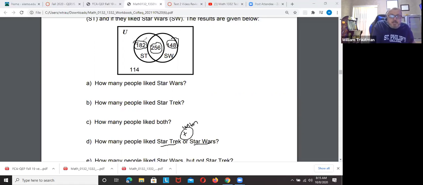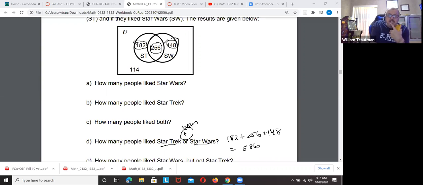These are all the people that like Star Trek or Star Wars, so you just add them all up. 182 plus 256 plus 148 is 586.